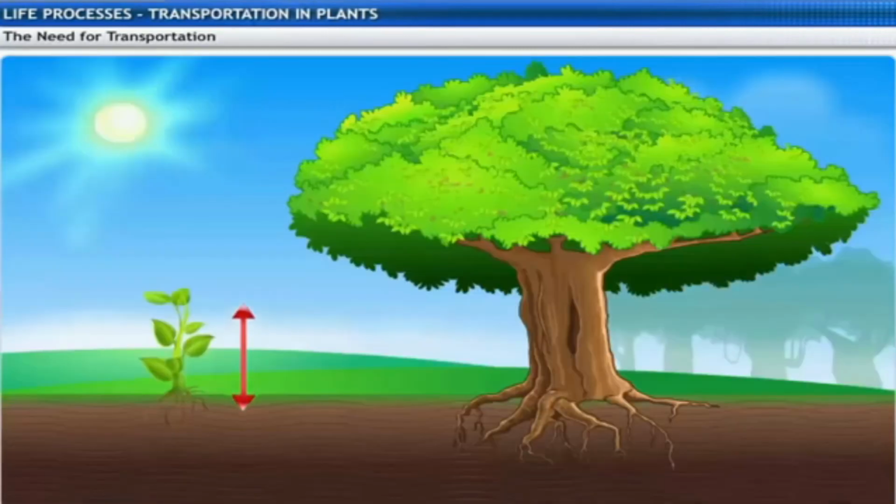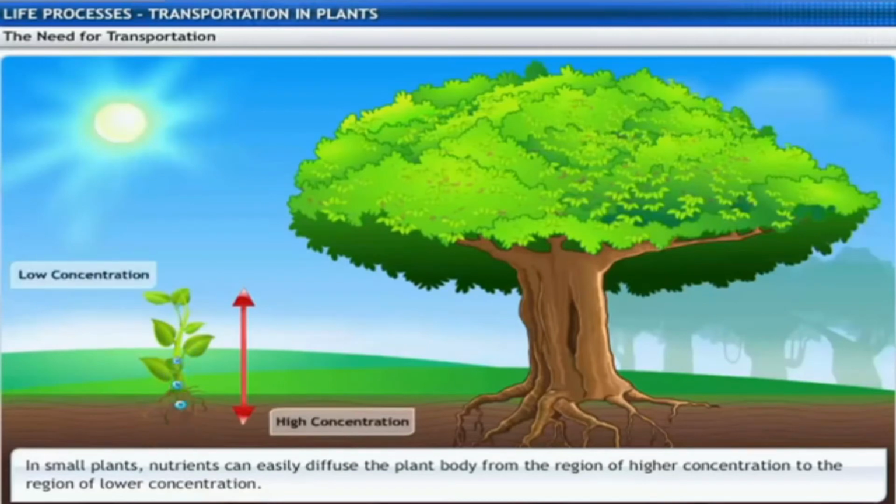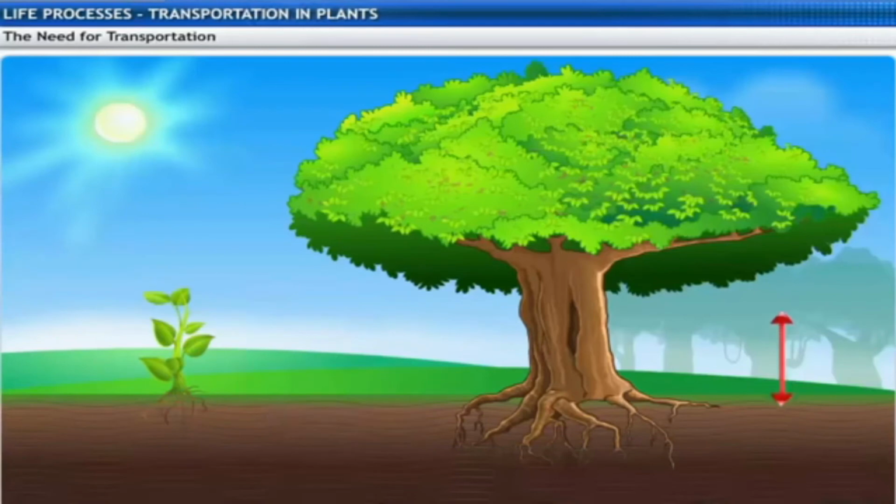If the distance between the roots and the leaves is small, nutrients can easily diffuse in the plant body from the region of higher concentration to the region of lower concentration. However, if these distances become large because of the plant body design, diffusion alone cannot provide raw materials and energy reserves to the plant.